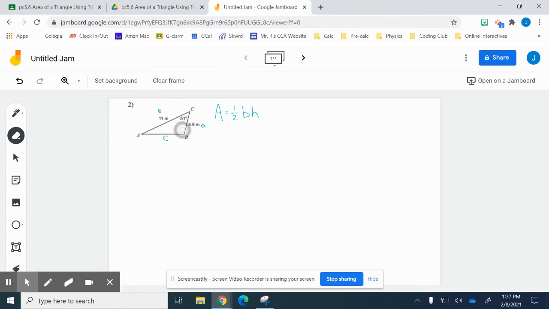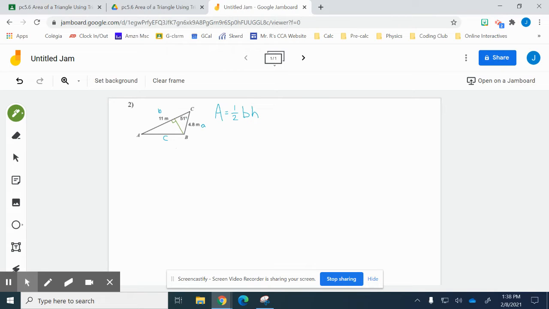Okay. So I'm going to leave those labels in blue, and then I'm going to switch colors. How about green? Now I'm in green, and I'm going to make a perpendicular right here, like this.